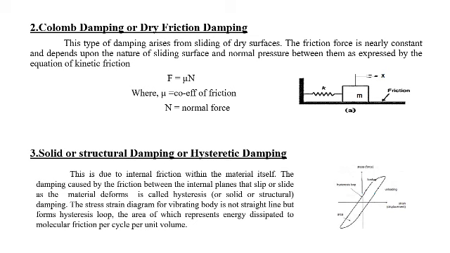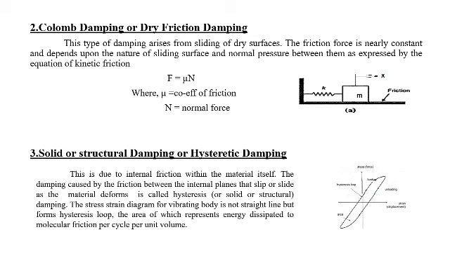Now, this is also called hysteresis damping. Why? Because if you draw a stress-strain diagram, the curves for loading and unloading will not be the same; they differ from each other, and this type of differing curve is called a hysteresis curve.